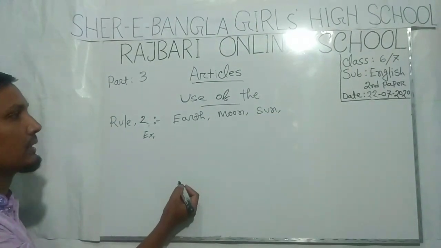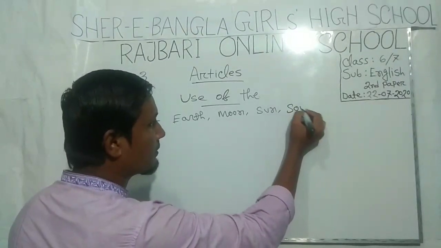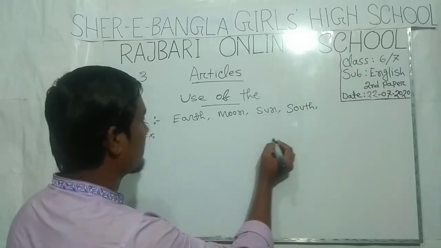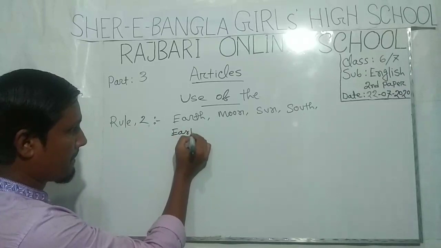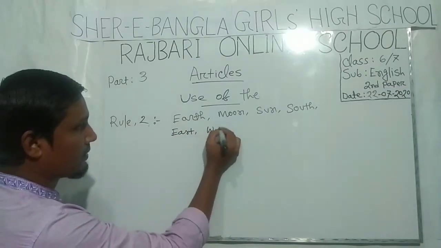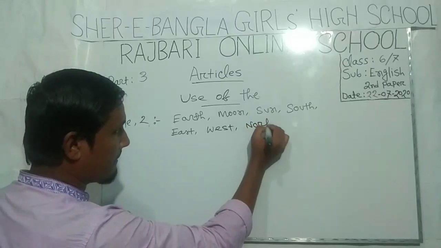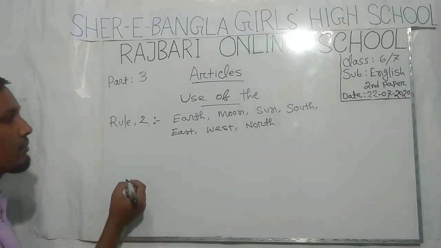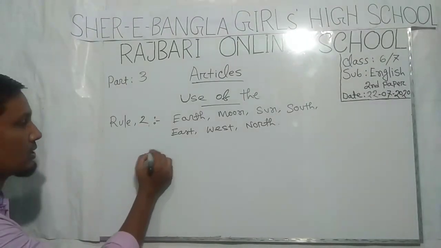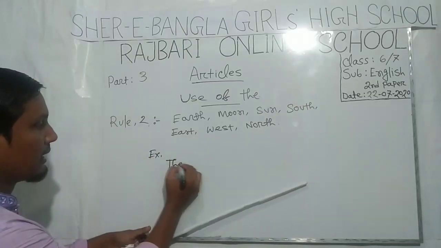Direction: we know that there are four directions, that is south, east, west and north. Such words are unique in this world, and there is no alternative to that thing. For this reason you have to use the before that word.